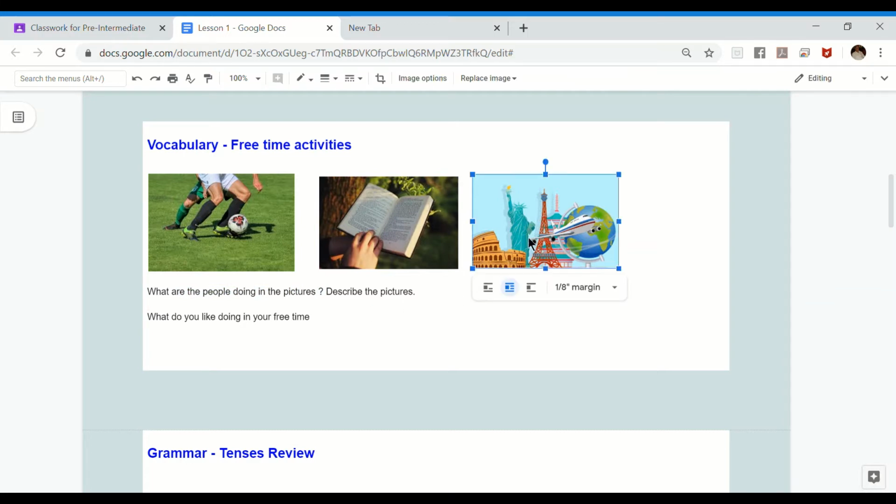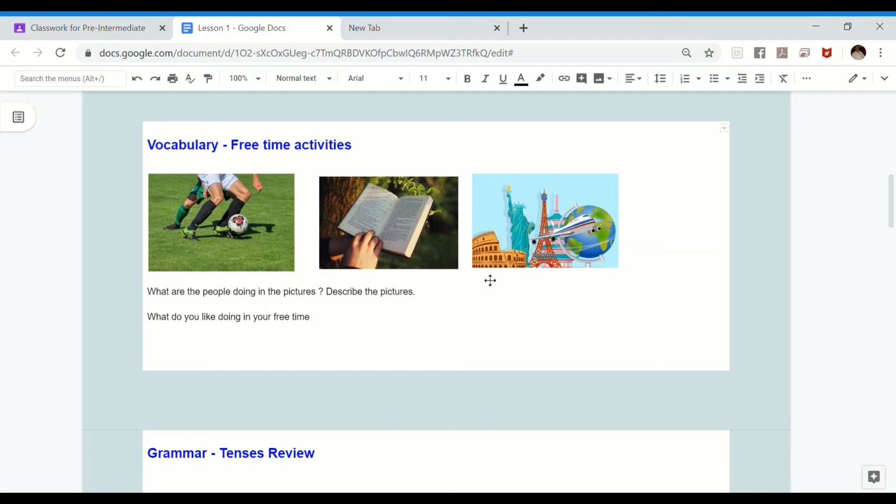And in the last picture, well, I can see lots of famous places. I can see the Statue of Liberty in America. I can see the Eiffel Tower in France.